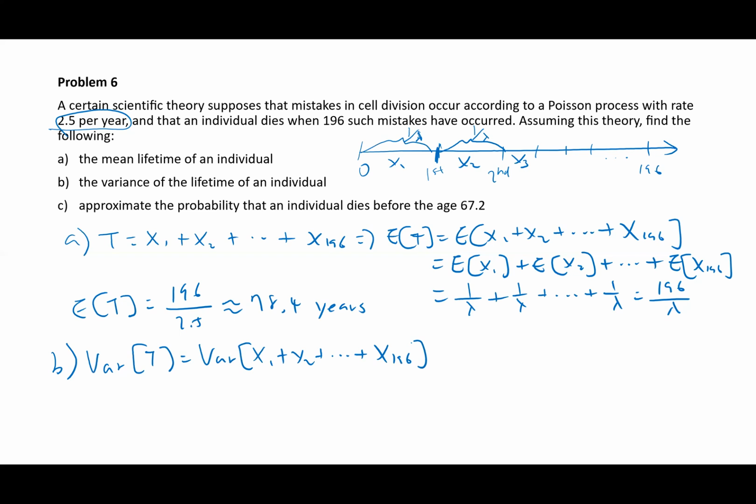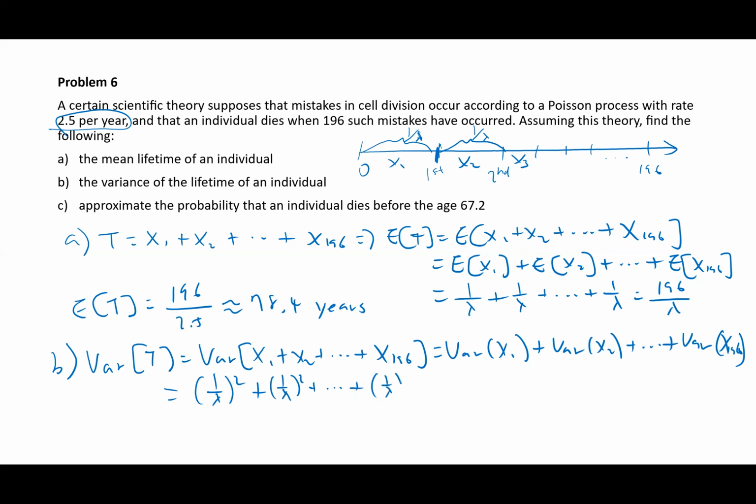You can break this up: the variance of the sum of independent random variables is the sum of the variances, so it's the variance of X1 plus the variance of X2 all the way to the variance of the 196th mistake, right? So that becomes 1 over lambda squared plus 1 over lambda squared, all the way to the 196th one.